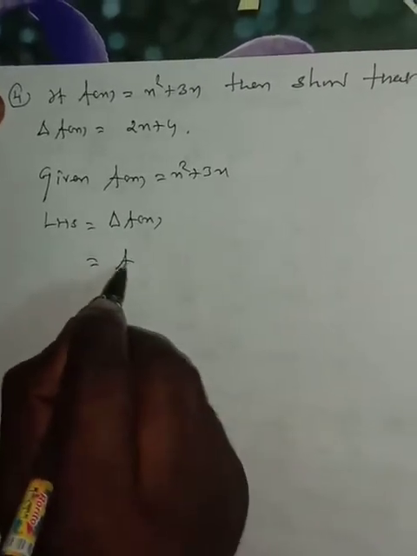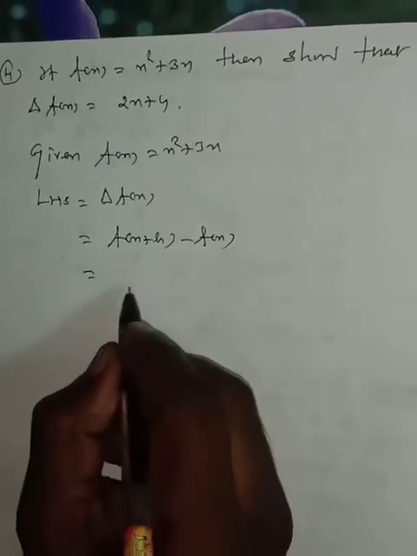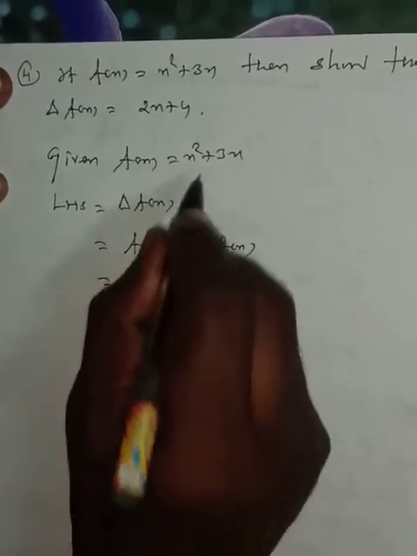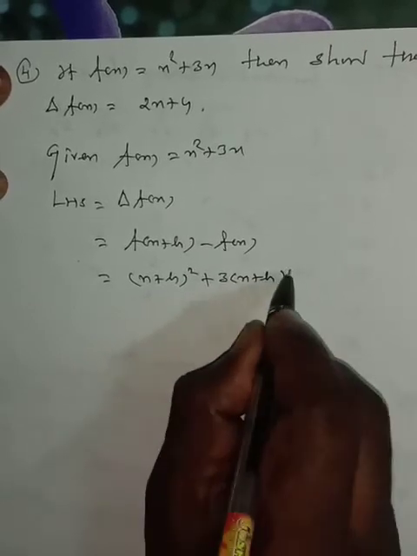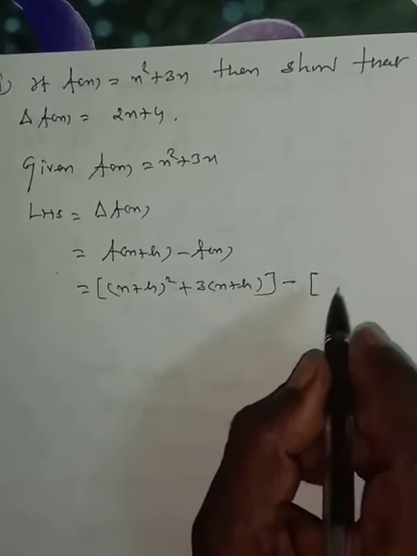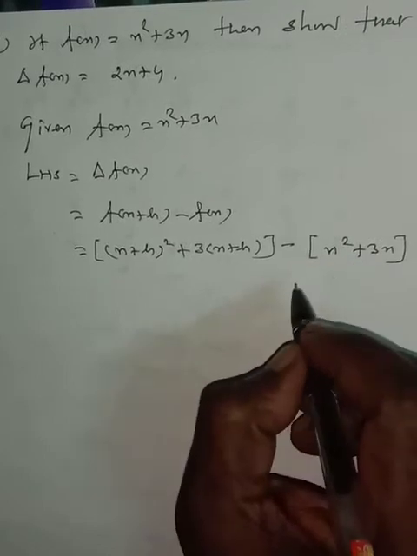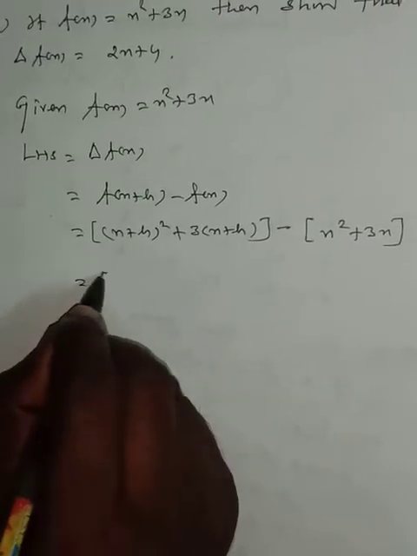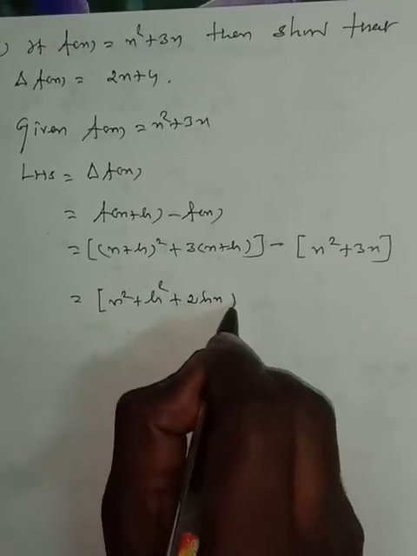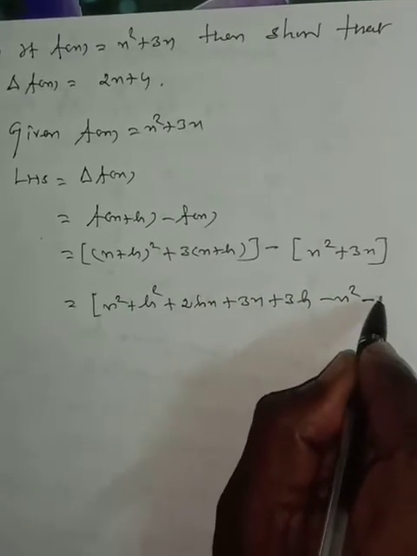Therefore f of x plus h minus f of x is equal to x plus h whole square plus 3 into x plus h minus x square plus 3x. a plus b whole square is x square plus h square plus 2hx plus 3x plus 3h minus x square minus 3x.